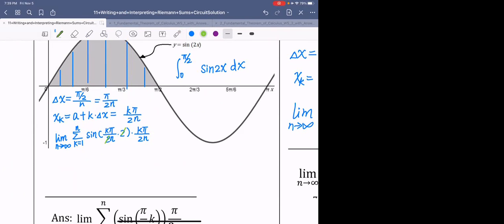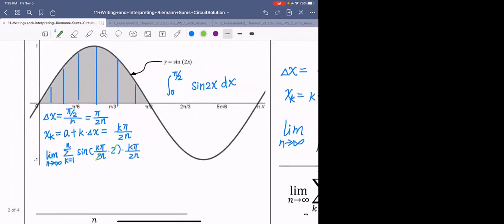I thought you only multiply by change in x at the end, not xk. This guy, I times 2 here. Oh, okay. Wait, never mind then. Sorry, I just messed up. Okay. All right, 2 and 2 cancel. So this is k pi over n. And then outside is this, okay? This is inside the sine. This is outside the sine function.